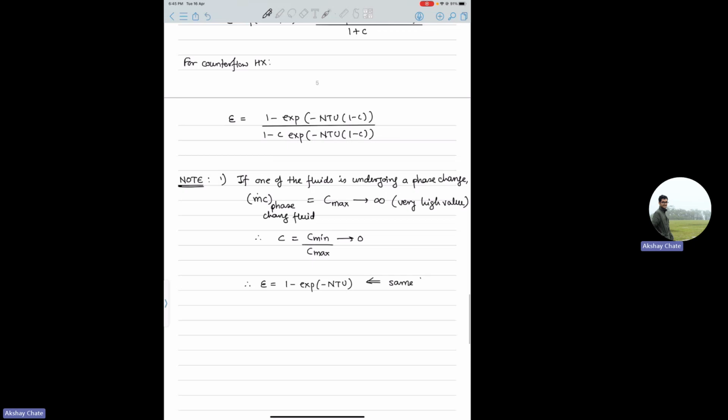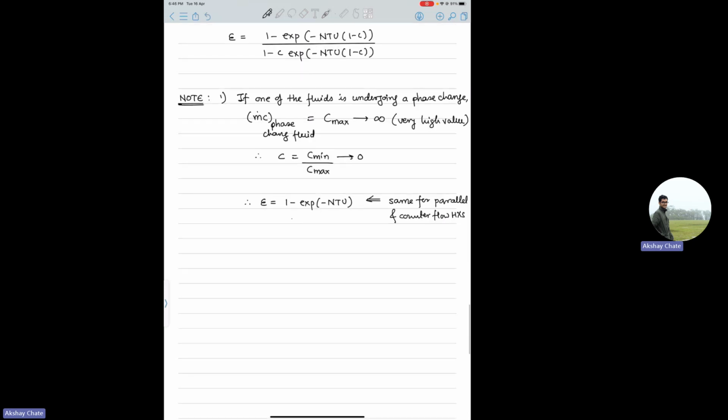Same for parallel and counterflow heat exchangers. And this also has a very important takeaway: the heat exchanger arrangement does not matter. What I mean by arrangement is parallel type or counterflow type.